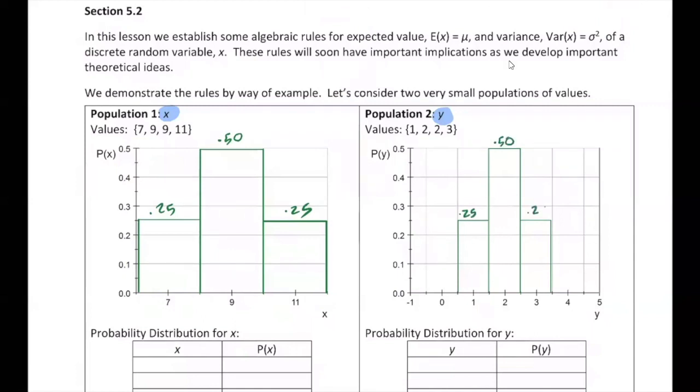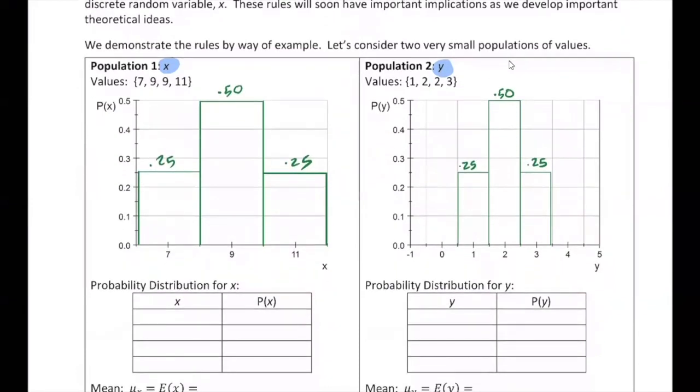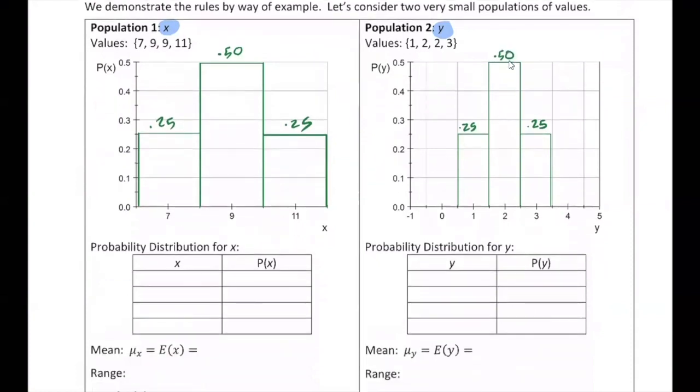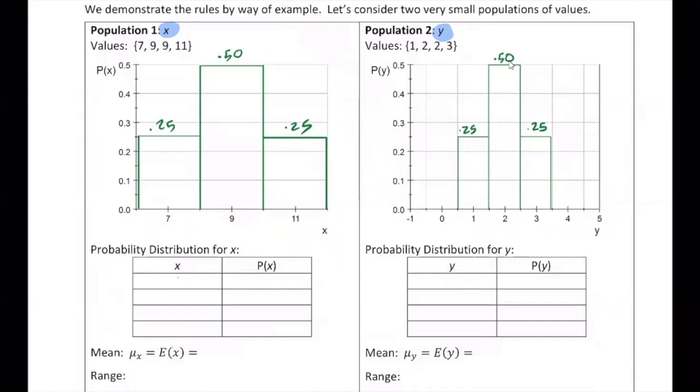Remember, these are probability distributions. For every outcome, we associate a probability. So again, for X, the outcomes were 7, 9, and 11. Probability is 0.25, 0.50, and 0.25. Total, in each case, was 1.